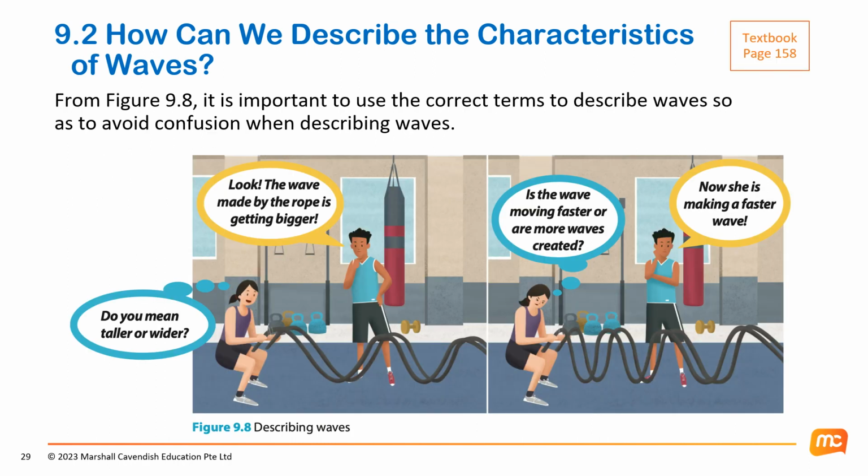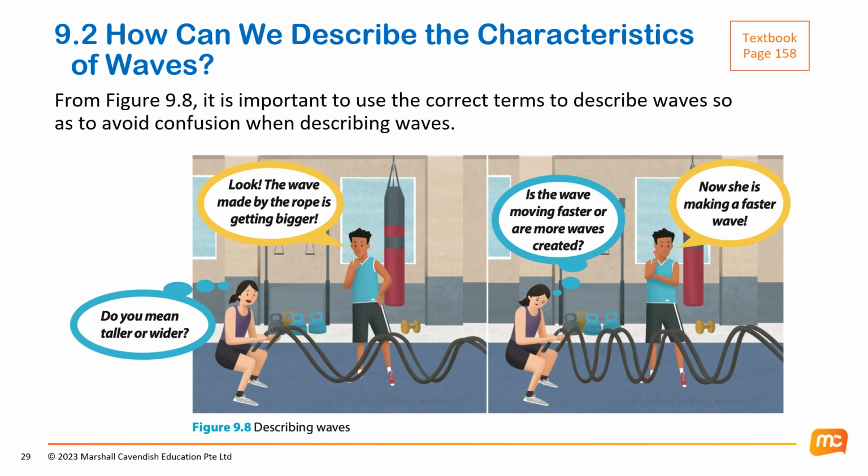Okay, so you can see from this figure, even though it's just a still image, there's already some possible confusion about some of the terminology of the wave. For example, in the left half, "bigger" is not really a very good description. Are we actually talking about the wave becoming taller, or are we talking about the wave becoming wider?